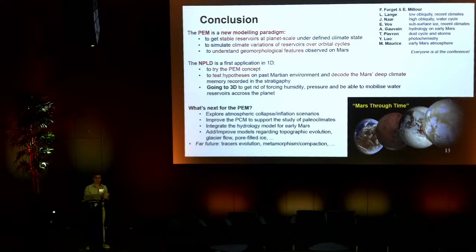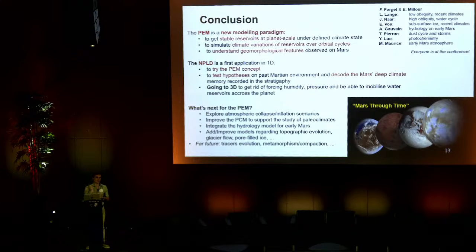But as I said, for the 1D, everything is really parameterized, and so we need to go to 3D, which we are actually working on right now. And we have many plans for the future of the PEM. Of course, we now want to explore scenarios with high and low obliquity. We also want to improve, as François said, our PCM to have models which are more able to simulate the paleoclimates.